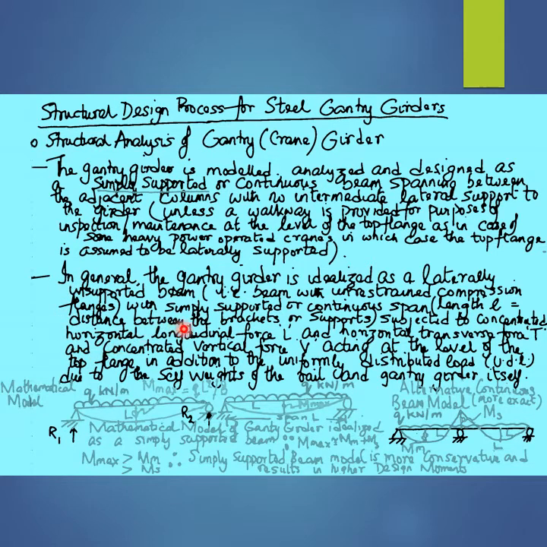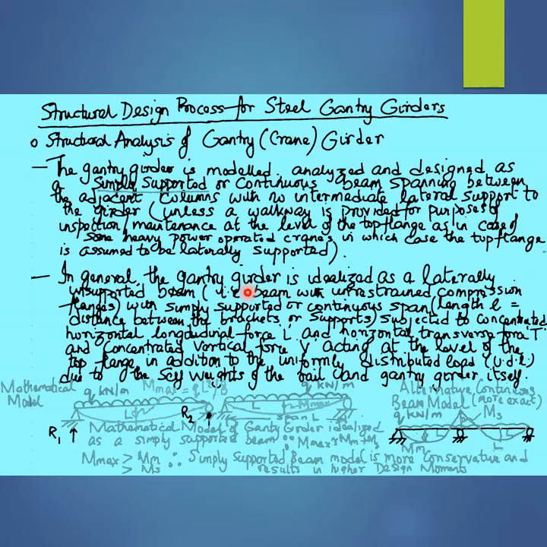Further, it is noteworthy that the steel gantry girder or crane girder is more commonly modeled as a laterally unsupported beam with simple supports rather than continuous supports.